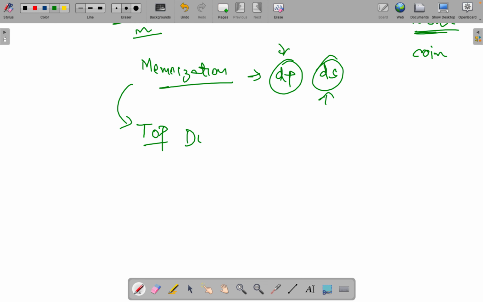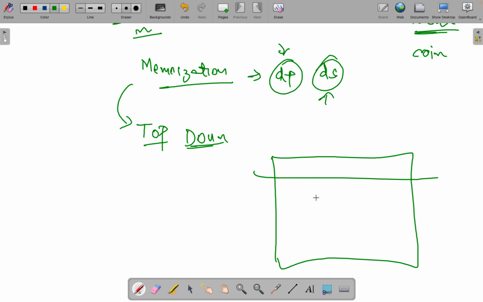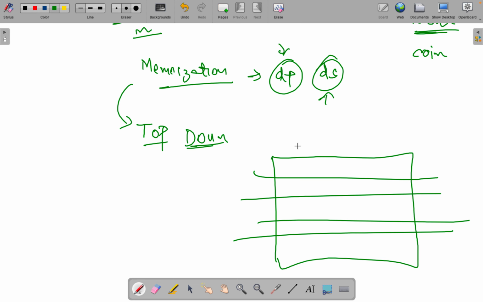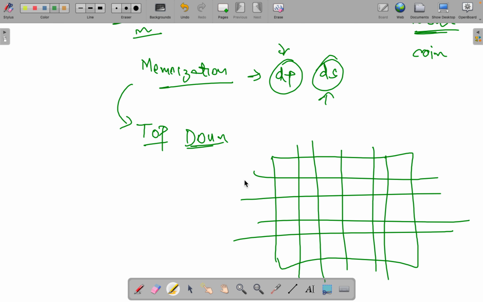In top down DP, we basically have a matrix, and in that matrix we iterate top to down, and while iterating we fill in the values. Let's suppose when we are trying to find the value for this cell, we use the previous solutions that we have to fill up these values.